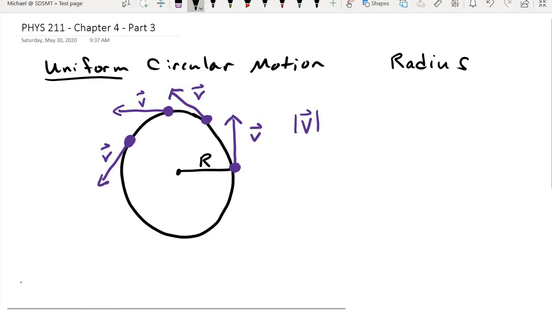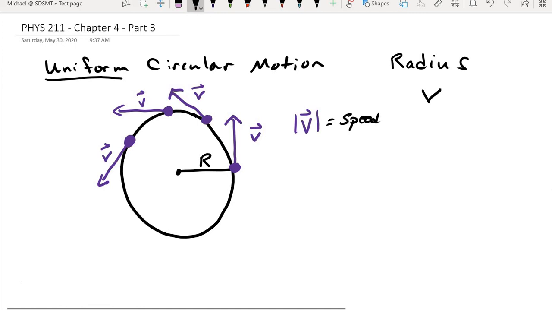And so that's what we're going to do, and we're going to give that the name of speed. But we're going to continue using the letter V, only now we're going to abandon the arrow hat on top. So this indicates that we're only using the magnitude of the velocity.